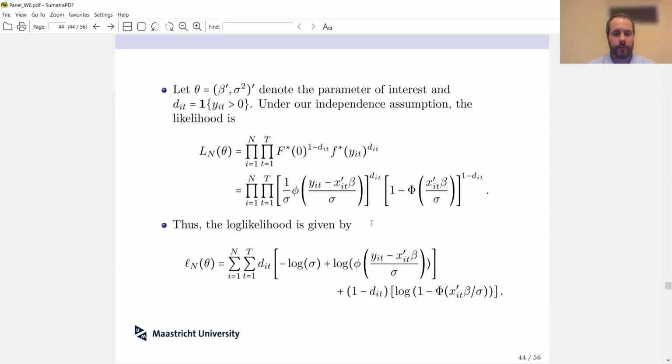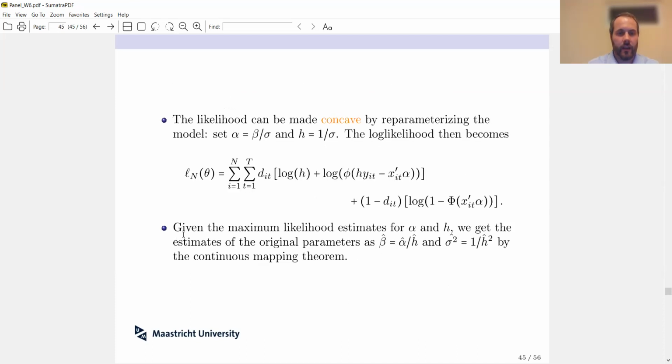Now, something important for computational issues is that it is difficult to see that this likelihood is concave. We can make it concave by choosing a certain reparameterization of the likelihood. Instead of writing beta and sigma, we choose alpha and h, which are defined in a certain way.